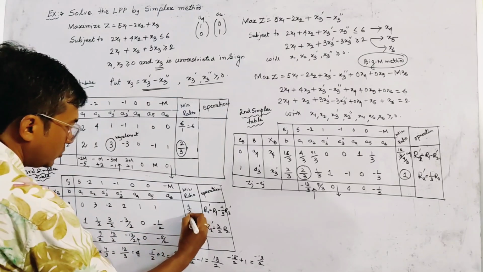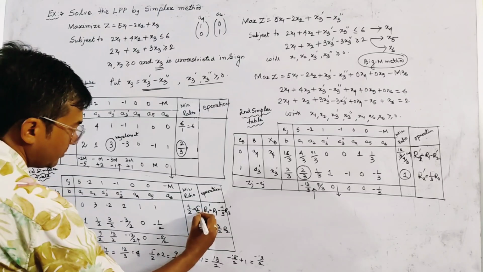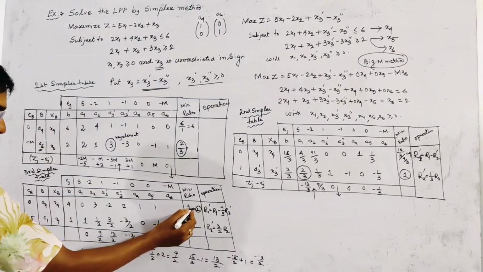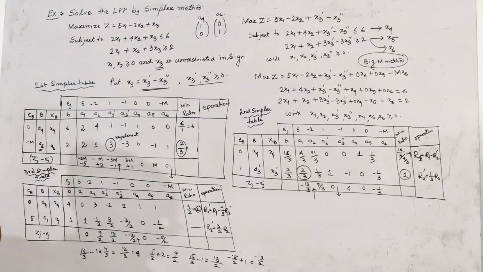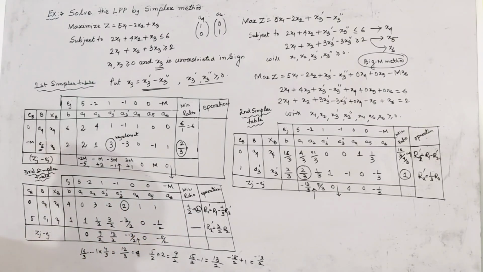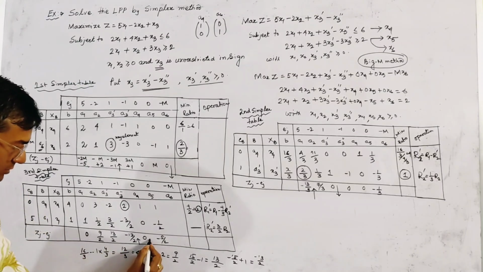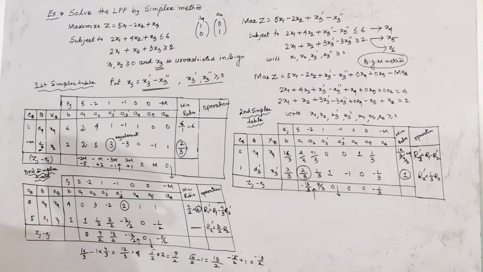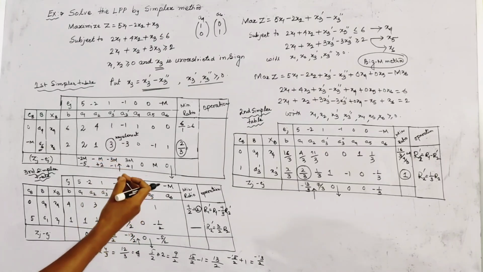This is 4 by 2, and obviously this is the minimum, and this is the key row. And this is the key row and this is the key column. So this is the key element, and obviously this vector A4 must be the outgoing vector, and we symbolize the outgoing vector with a sign.